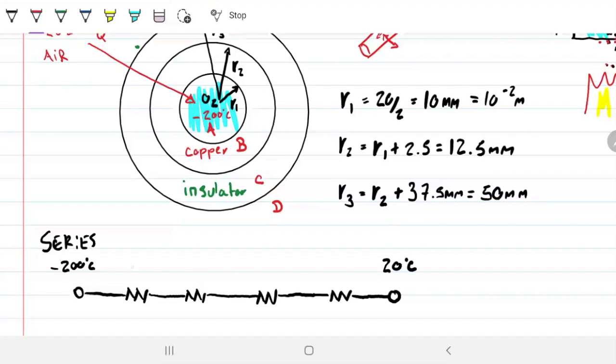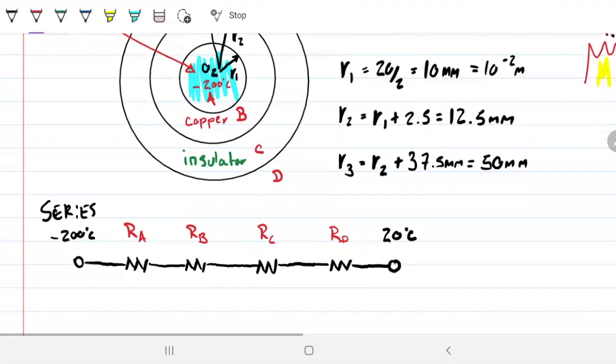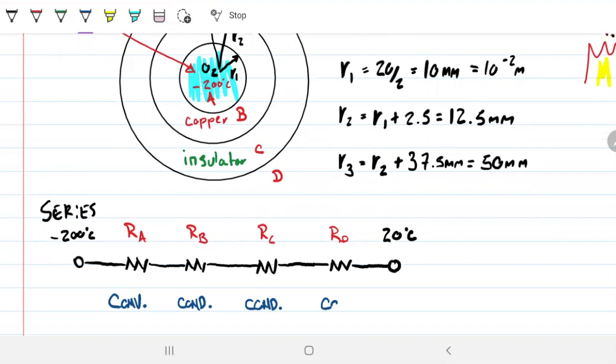So this would be RA, RB, RC, RD. And as an extra step just for the sake of learning: convection, conduction, conduction, and convection.